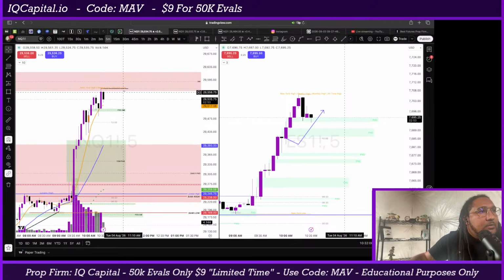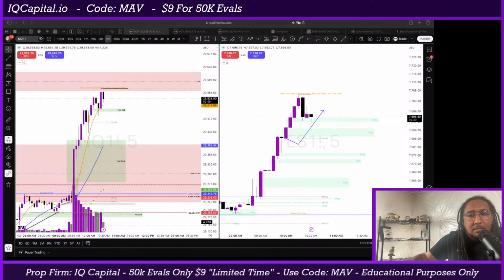Let's see if these highs will hold up here on NQ, which looks like it does. Looks like we're still trying to shoot down. I'd really like to see an inversion of this 5-minute fair value gap for a high probability short.